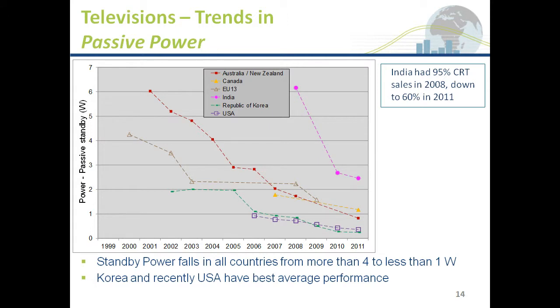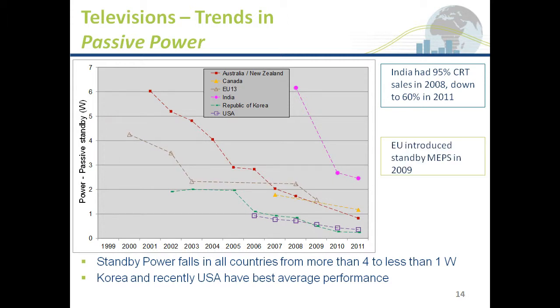The results that were measured from India have shown a significantly higher standby power, but once again a very significant drop. It's possible that's associated with the change in screen technologies. Back in 2008, 95% of televisions in India of new sales were CRT, but in 2011 that proportion had dropped to 60%, so the newer technologies were coming in, and these tend to be more efficient and use less standby power, and that's probably what we're seeing in these results.